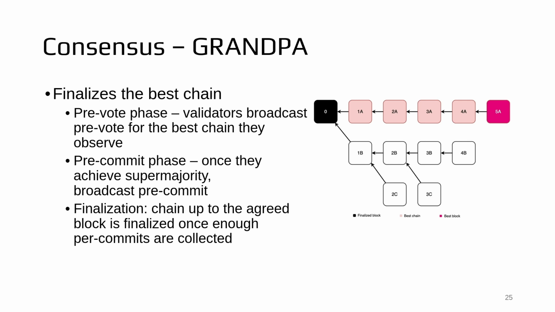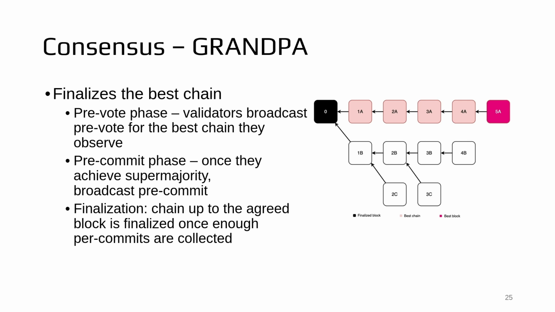And so once they do that, there is the pre-commit phase, and the pre-commit phase only occurs when a supermajority of votes is achieved for a specific chain. So a supermajority is just going to be 2/3 of the participants, basically.